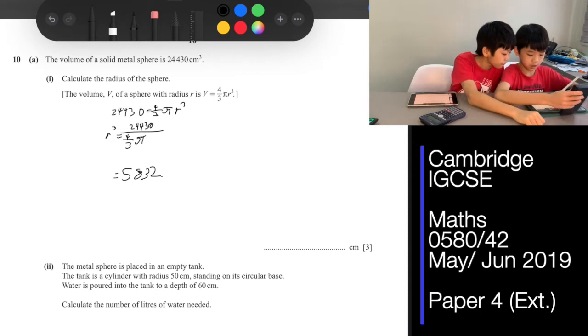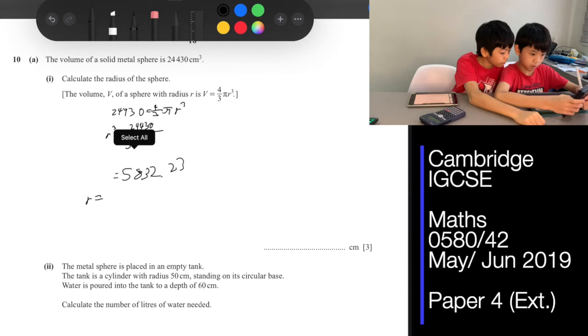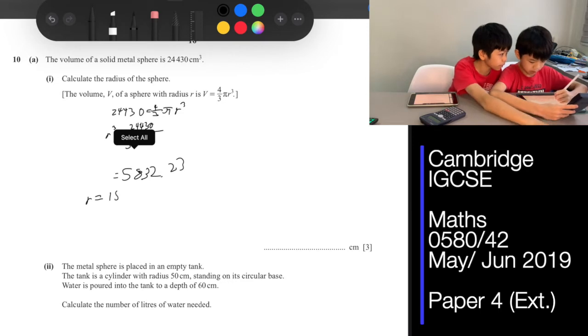That is r cubed. Then we find r, which is the power of 1/3, and that will be 18.0.